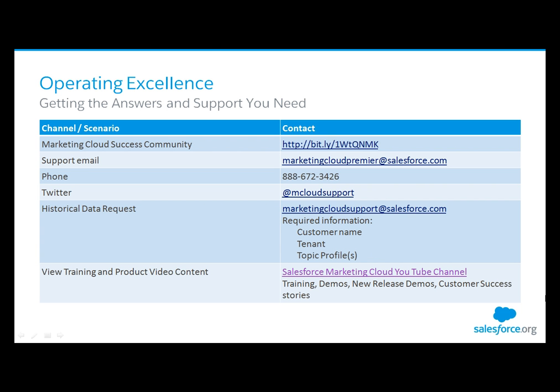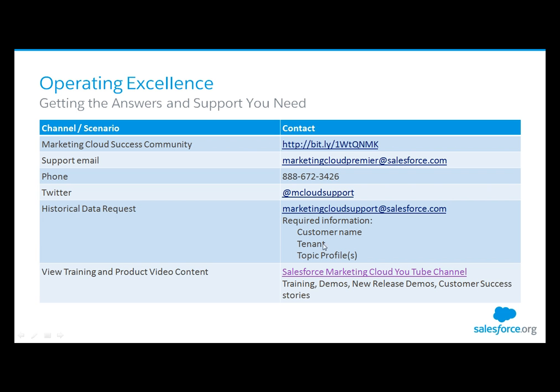It's just there for you when you create that topic profile and hit save. If you need more than that, let's say you need the last 6 months of history, you can absolutely request that to be delivered. You just need to create a ticket by opening a ticket, and then give them your name and the tenant. I'll show you actually where you can find it.